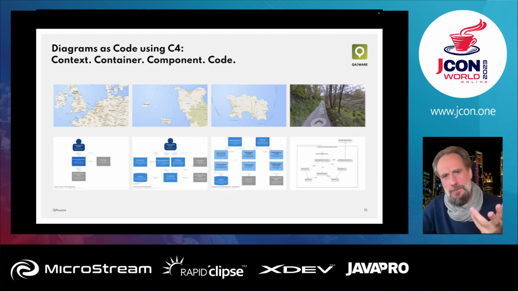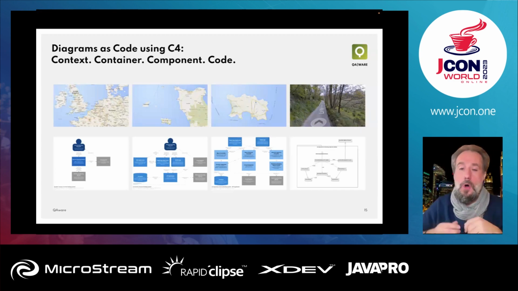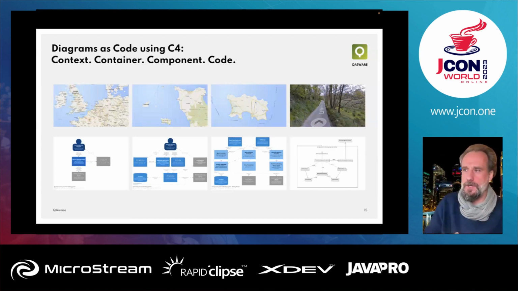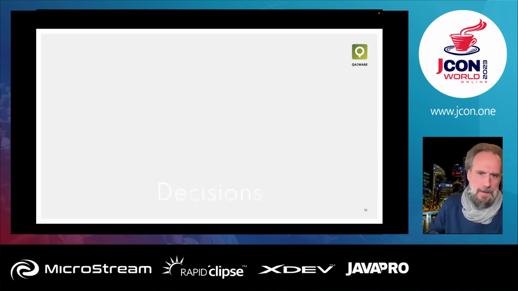And the nice thing with C4 is you can either write Java code or whatever code you like to draw these diagrams. So this makes it really refactoring safe as part of the code base, or you can use some high-level DSL to achieve the same thing. So please draw diagrams that are easy to digest and put them into your documentation.